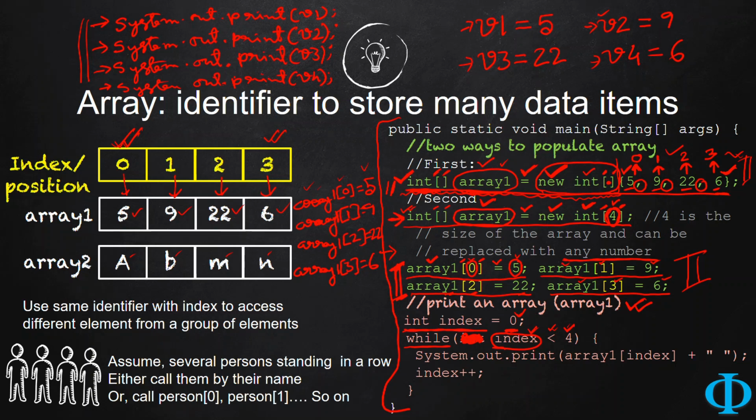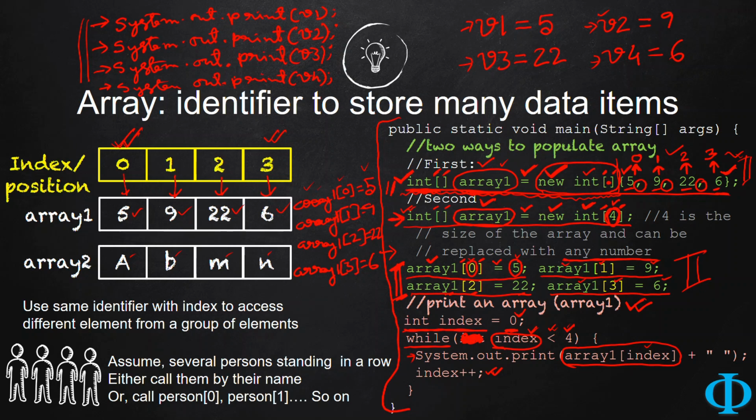And then in every iteration you are simply incrementing the value of index, and at the same time you are printing the value stored inside that index, like this array1 followed by this index.